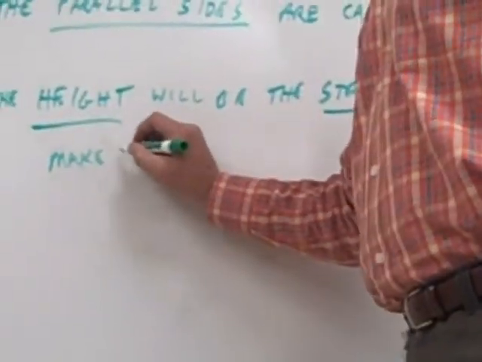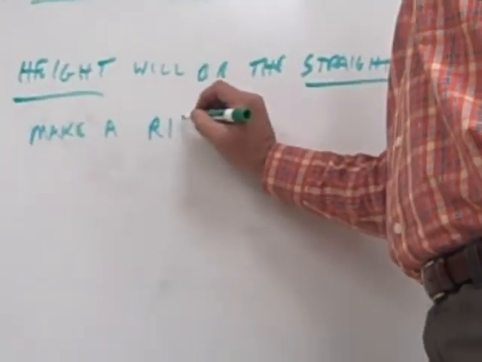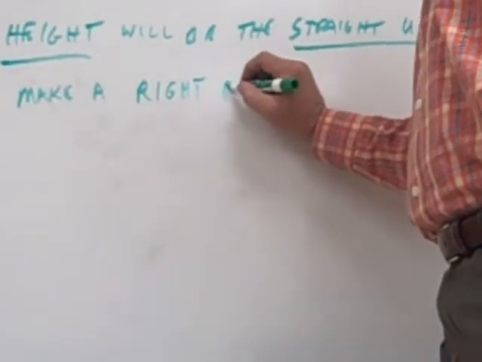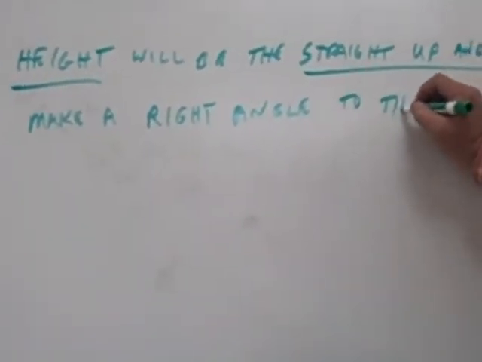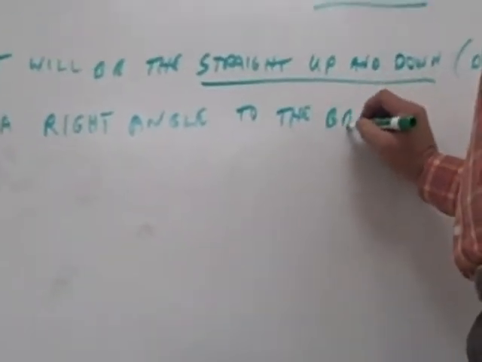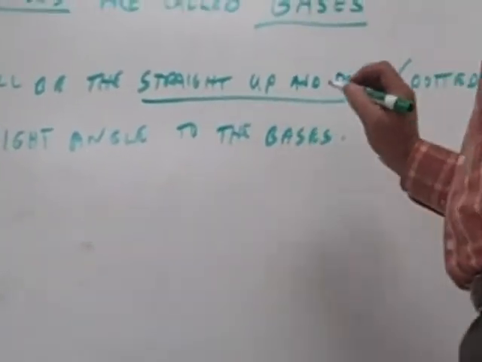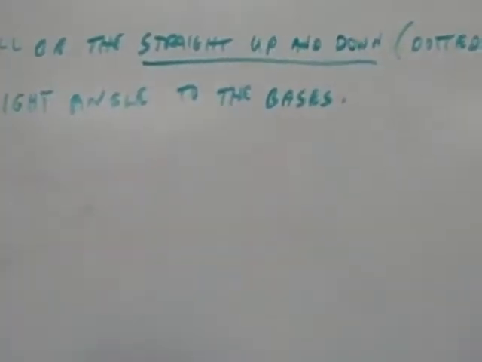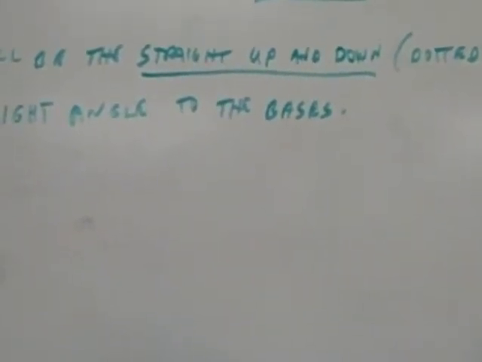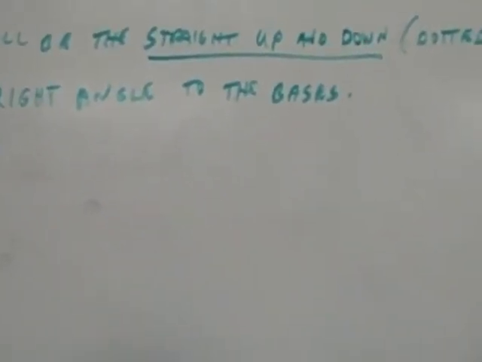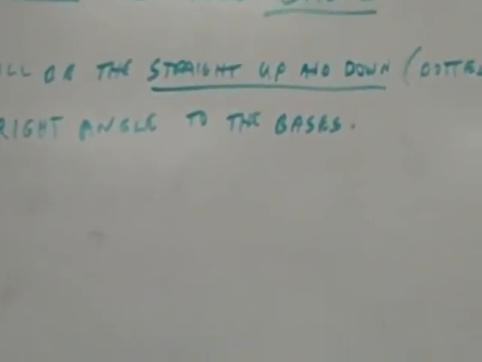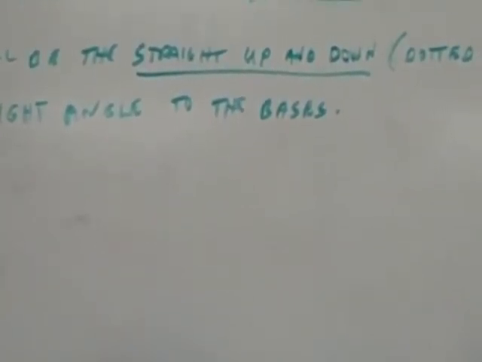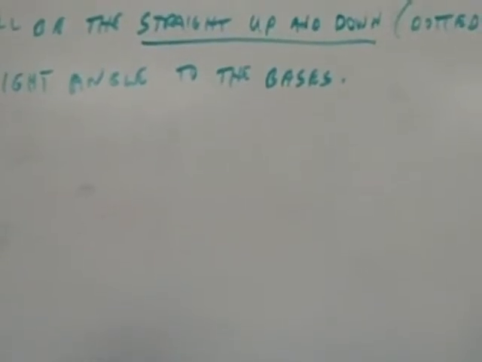That makes a right angle to the bases. Remember yesterday when we did one and we put the right angle box on it, what did it look like? H. An H. That helps us remember, oh, that must be the height. That must be the height.